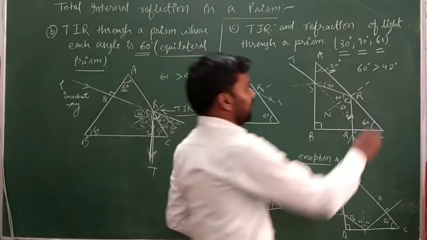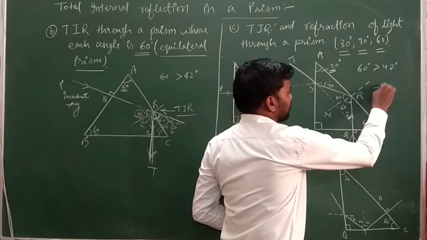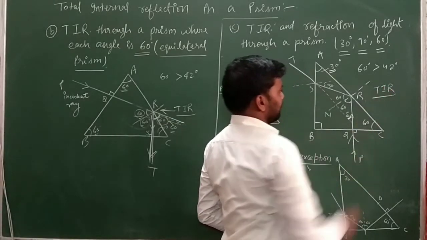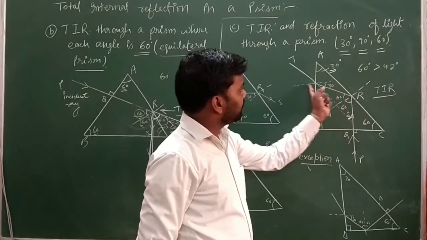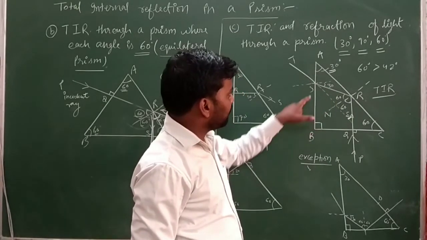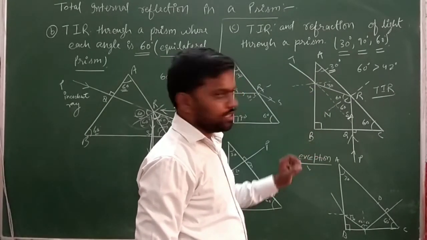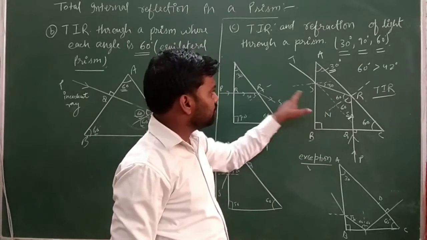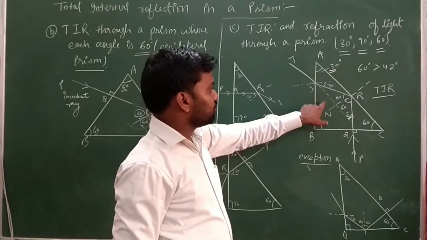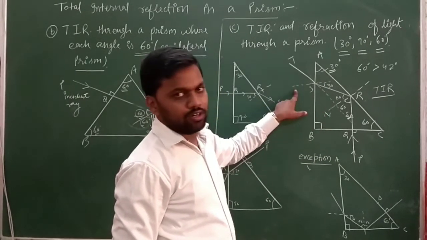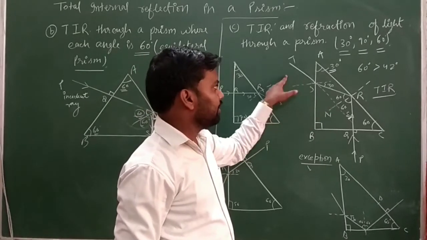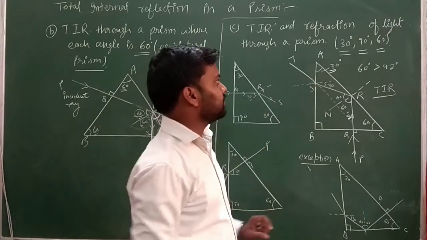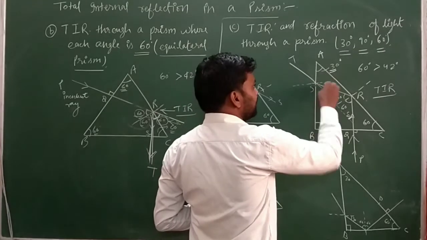Again it will show at point R total internal reflection. So it will move in this direction, but after reaching the surface AB, it is going from glass to air, that is from solid, denser to rarer medium. It will show here refraction because it is making only 30 degree angle.